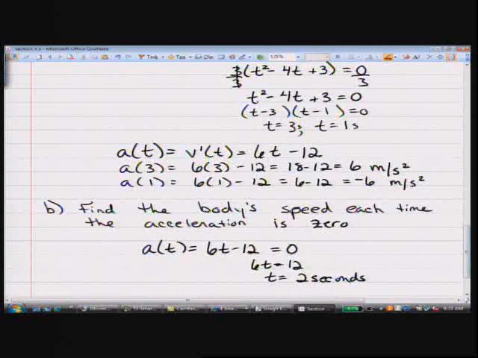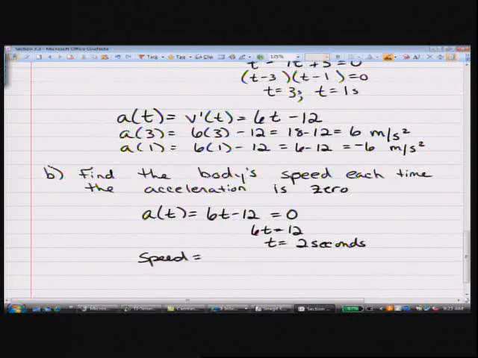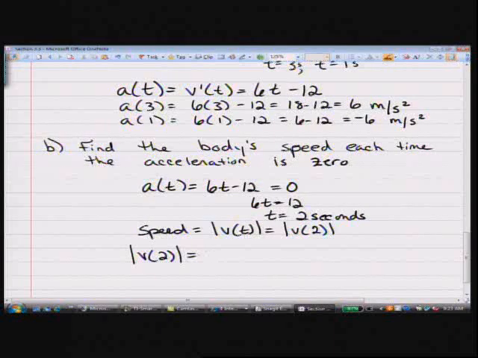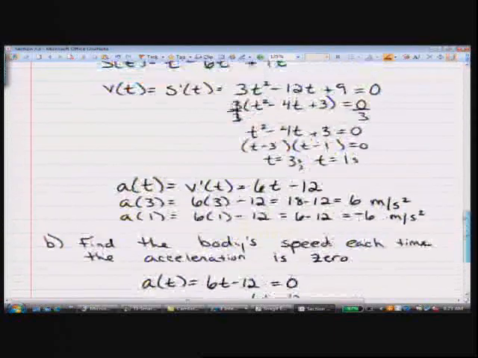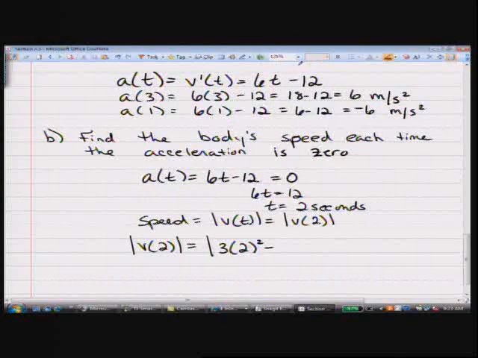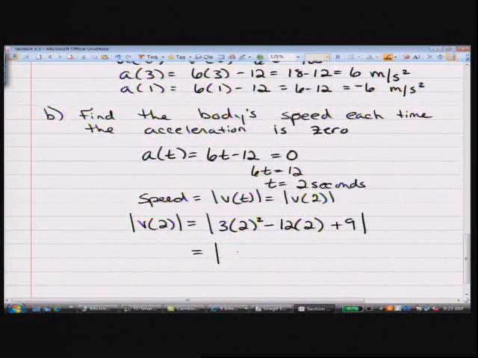So when the acceleration is 0, our speed, which is equal to the absolute value of v of t, or the absolute value of v of 2, is equal to the absolute value of 3 times 2 squared minus 12 times 2 plus 9, or 12 minus 24 plus 9.